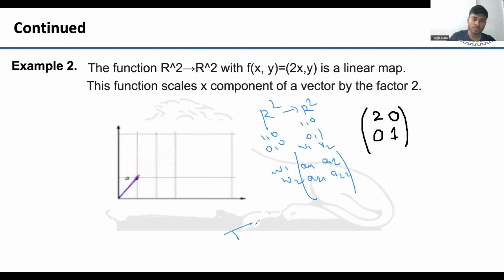Obviously we will use the transformation on V1. Then we will get A11 W1 plus A21 W2, right?